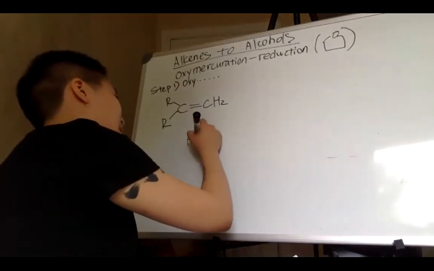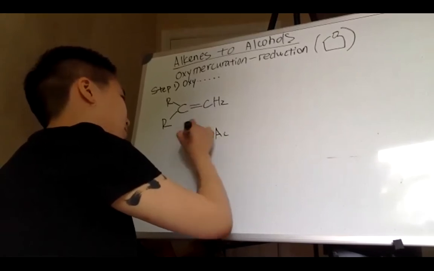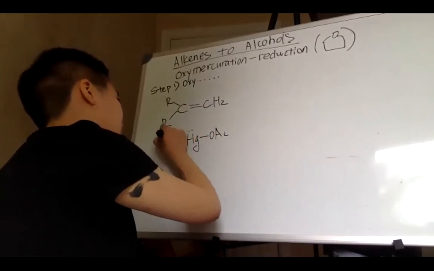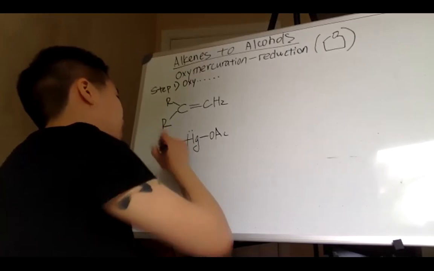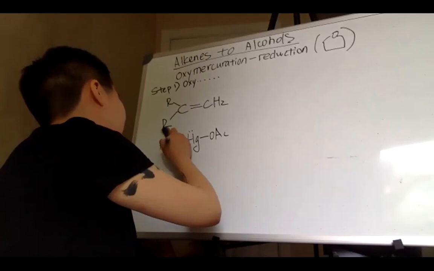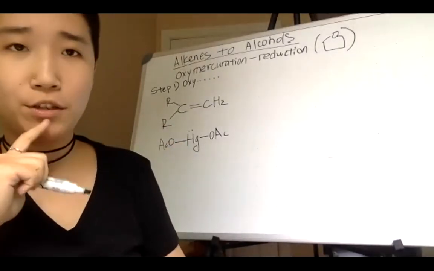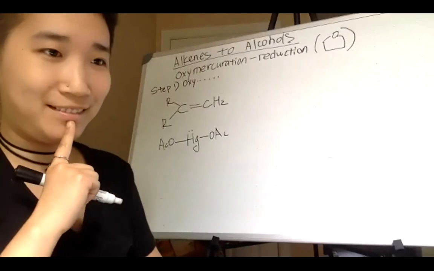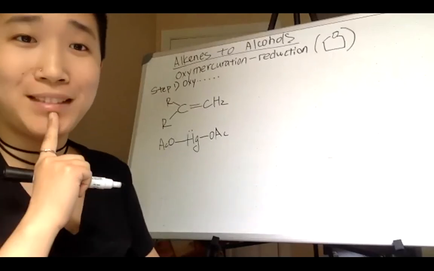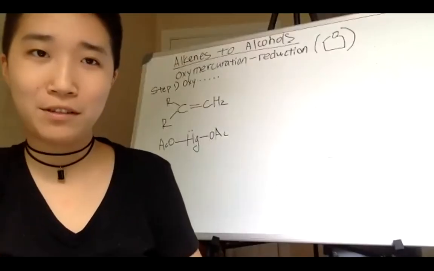So I'm just going to place my mercury acetate here on the bottom. Now, what's the first thing that we want to do before drawing the reaction mechanism that we just practiced at the beginning of the class? Which one's the nucleophile and which one's the electrophile?